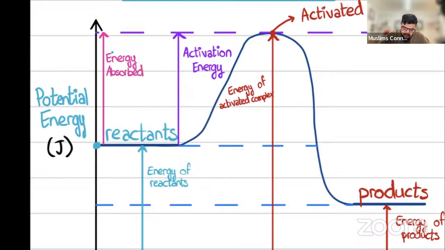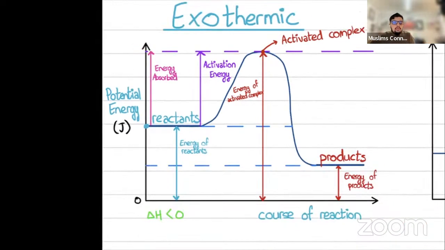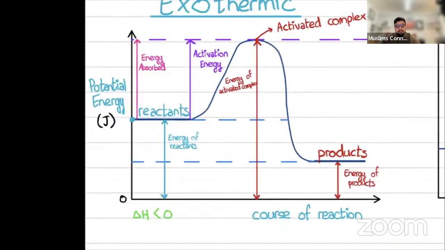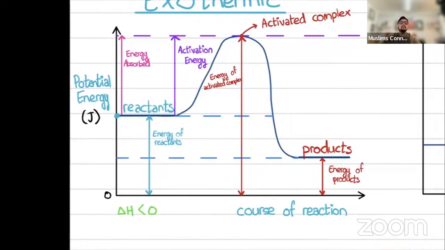How do we understand that? We've got to use up the energy that the reactants already have, the potential energy that it has, and then we release that energy to form the products. So to get from reactants to the activated complex, that's the amount of energy we absorb. That's activation energy. Energy we absorb, activation energy.